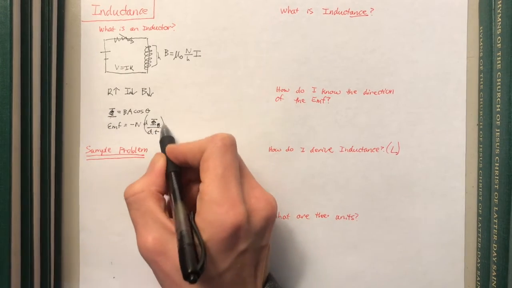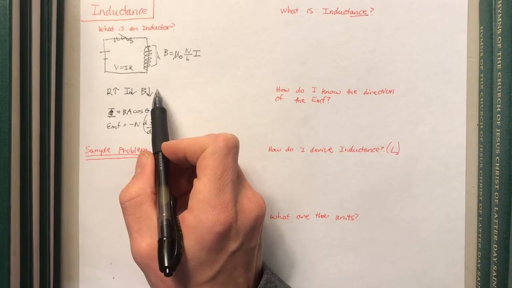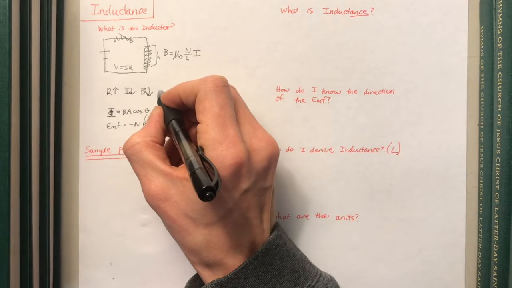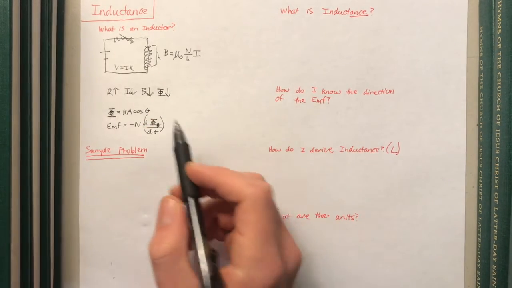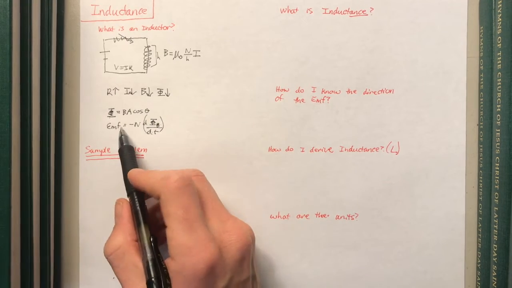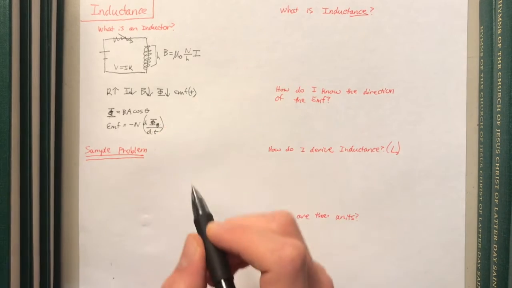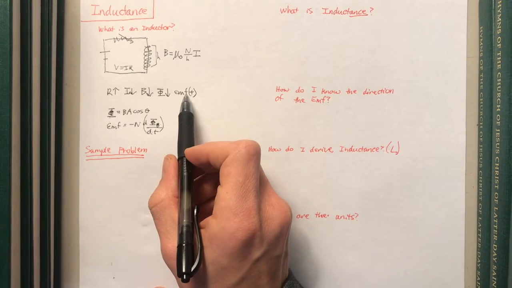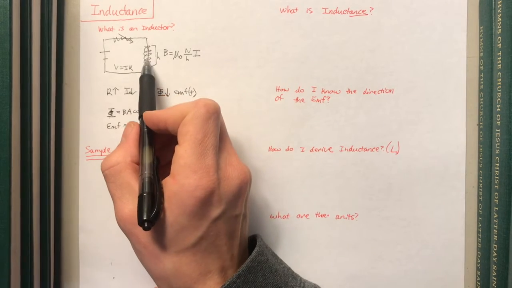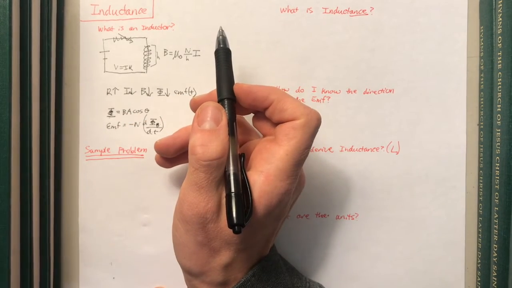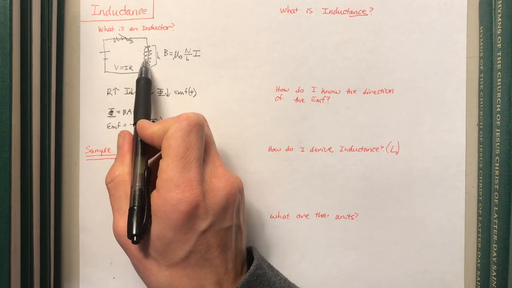So, looking back here, if we have a decrease in magnetic field, that means that there's going to be a decrease in flux. And if there is a decrease in flux, that means there will be a positive EMF. If there's a positive EMF, that means there's going to be a voltage. A voltage will make the inductor behave like a battery. We'll come back and explain what direction that EMF is traveling.